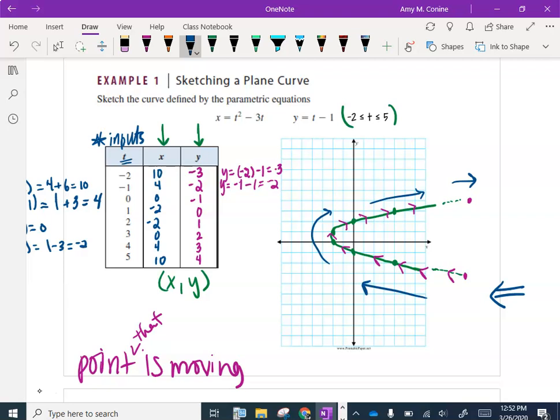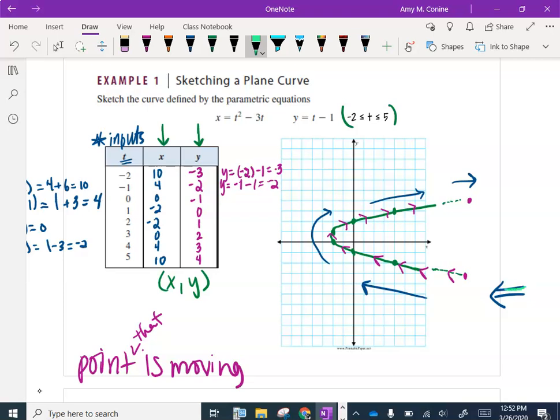We need to use the purple arrows to represent that motion, that time that's happening. Because t started with the negative numbers right here, that's why our arrows are going in that direction. So when you draw your arrows, you should have them facing the way that my purple ones are facing, because that's the motion that the point is moving from.